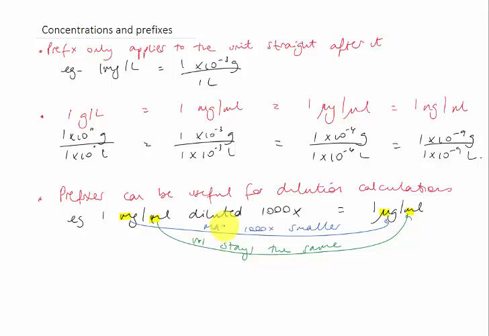Okay, so the mass gets 1,000 times smaller, but the volume stays the same. So we can depict that simply by changing the prefix. I'm just going to show you: we've got 1 times 10 to the minus 3 grams in 1 times 10 to the minus 3 litres. And then we divide the grams by 1,000, which is the same as multiplying by 10 to the minus 3.